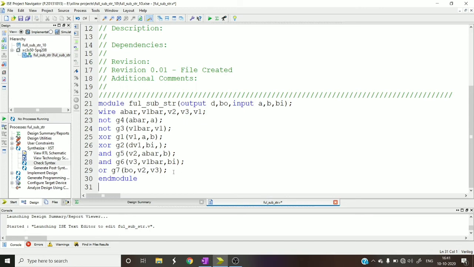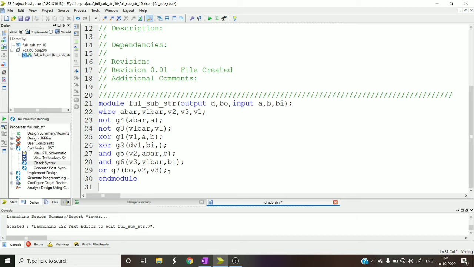Now, as we go on designing larger circuits, you can feel the difficulty of the structural level of abstraction. It is necessary to write about each and every gate, which is quite difficult for still bigger circuits. So that's why we will usually get habituated to write Verilog code in the data flow level or behavioral level of abstraction.